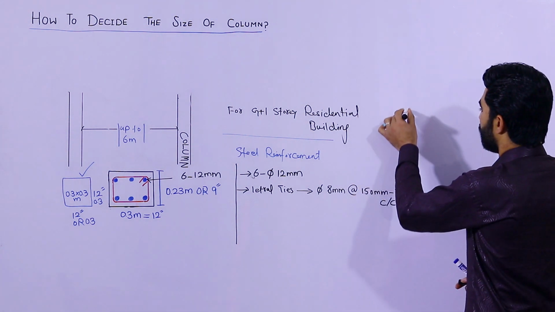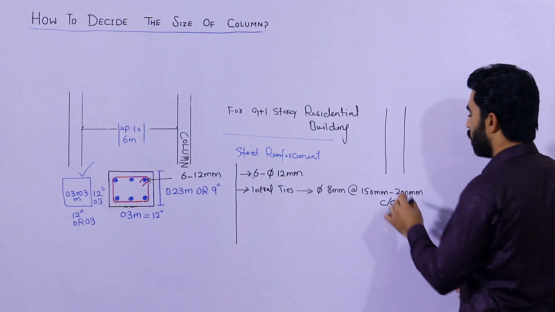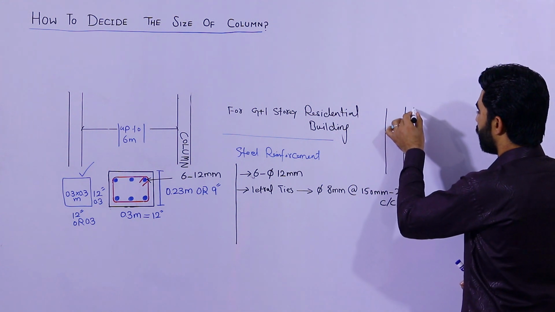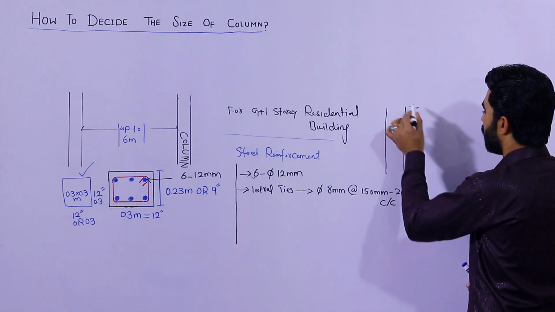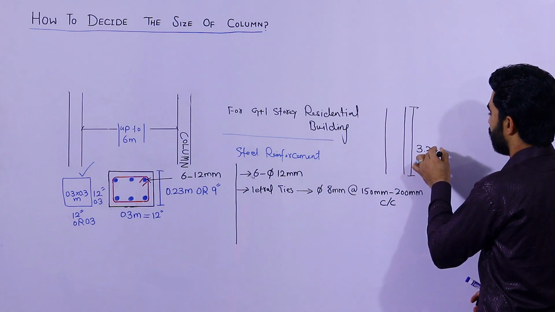It means guys, you can see this is the height of column. Suppose the height of the column is 3.2 meter, for example.